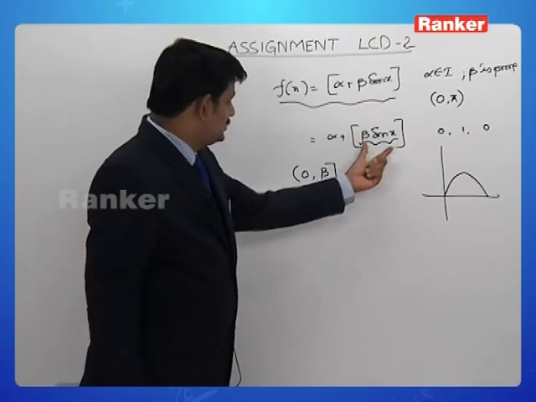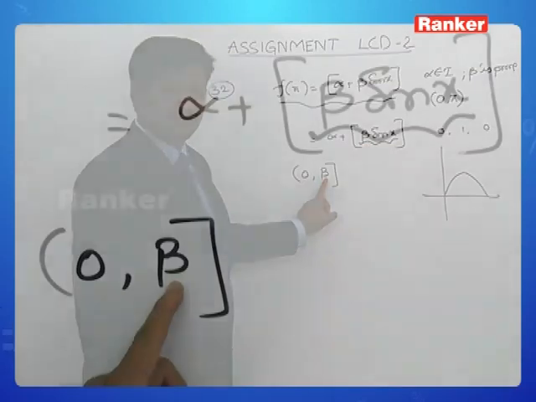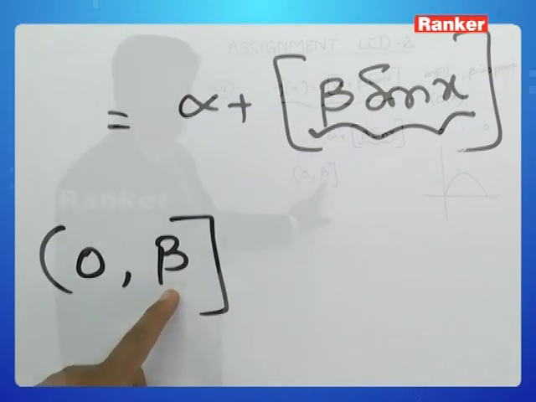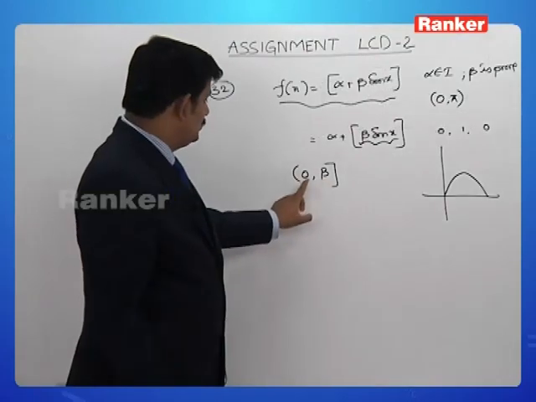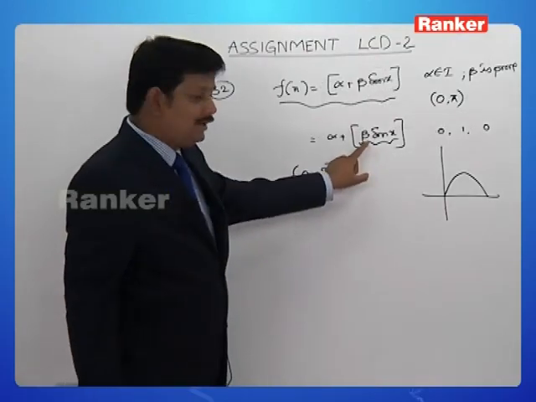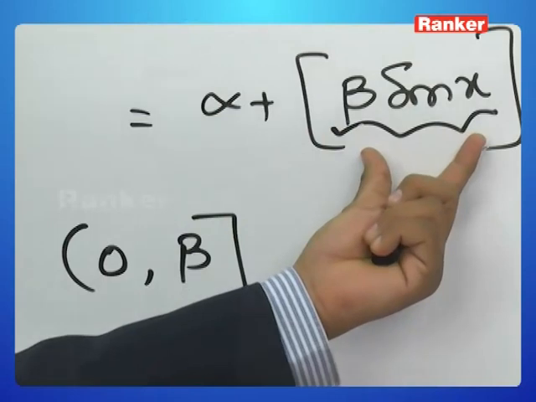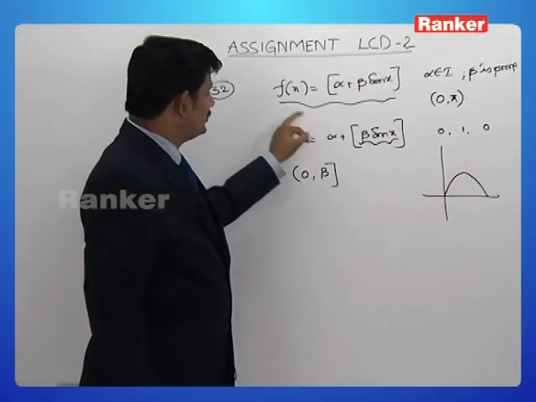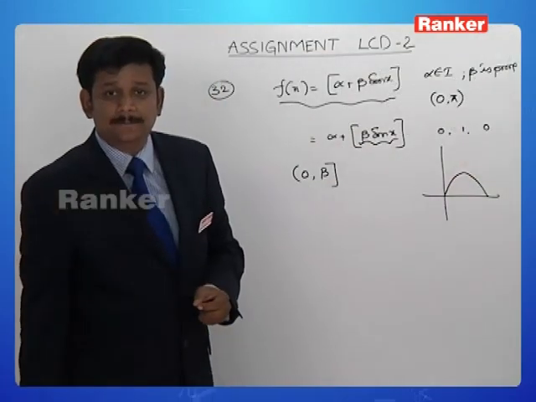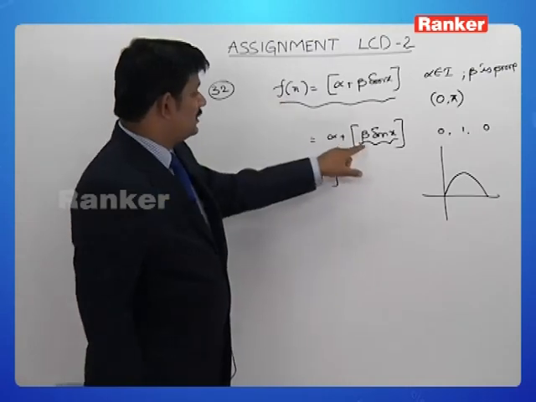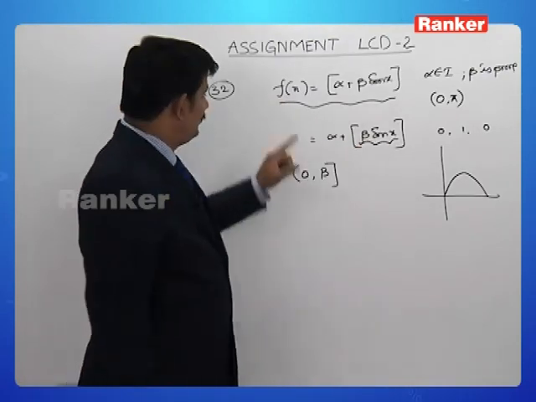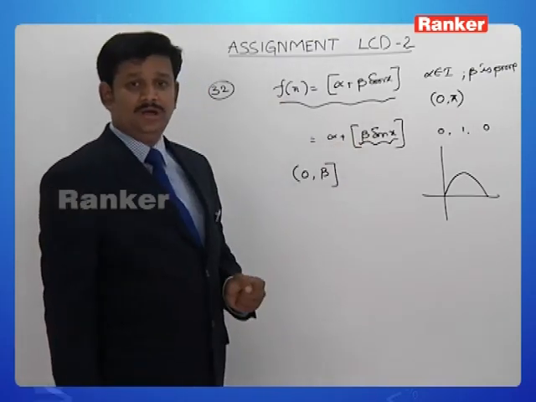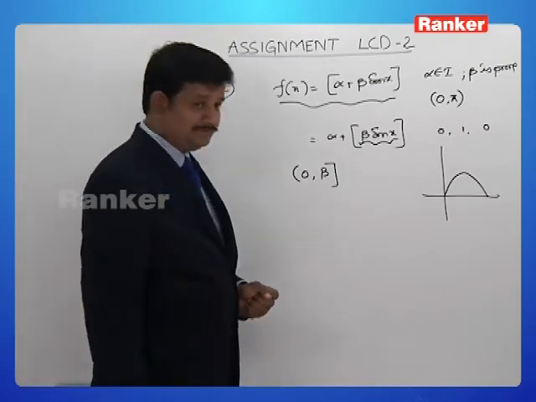So, beta sin x will take all values from 0 to beta. Beta is a prime number. So, in between, whenever beta sin x is an integer, f of x is bound to be non-differentiable because of the discontinuity.